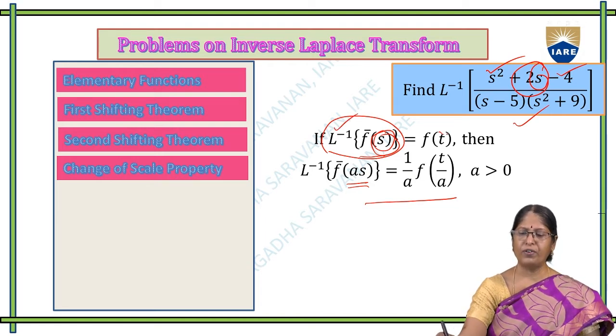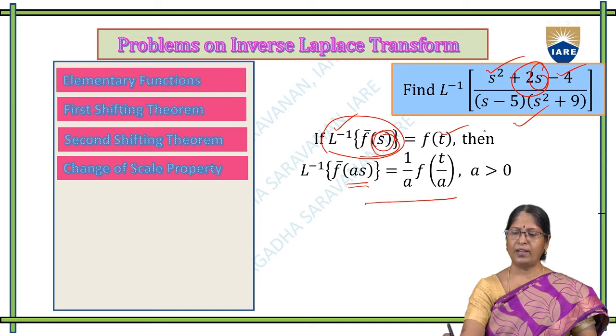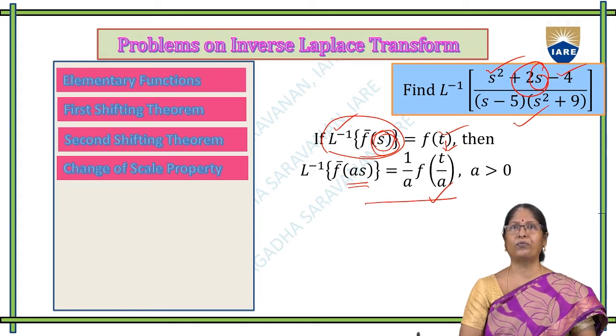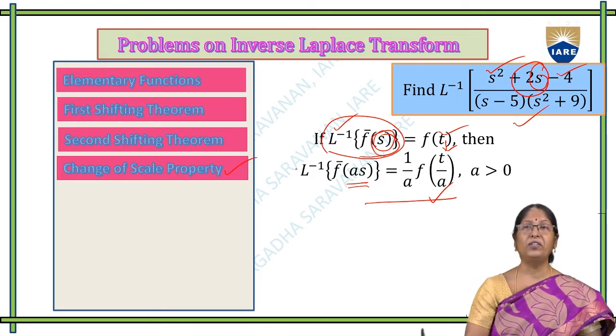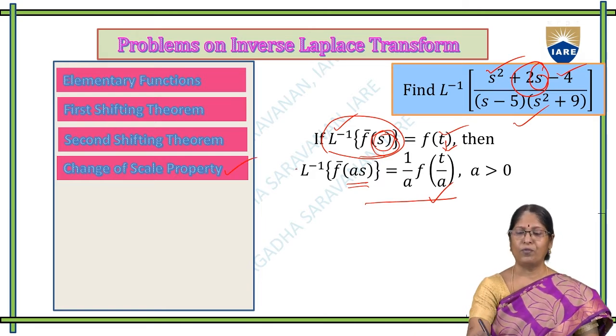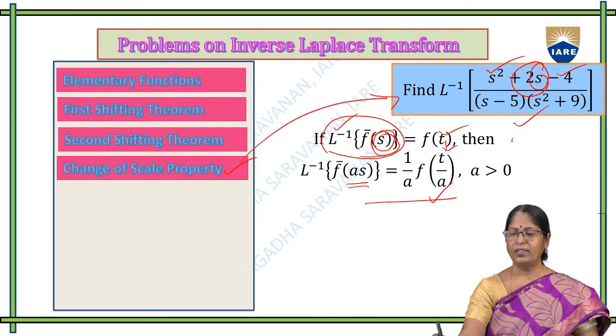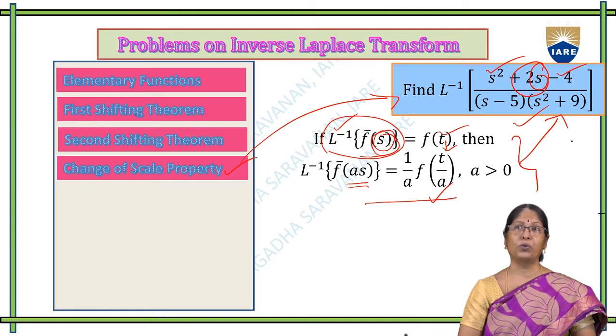We will obtain first f of t, where t is replaced by t by a. But for us, there is no chance of applying this change of scale property to our given problem. Totally, this format is not fit to substitute our problem.